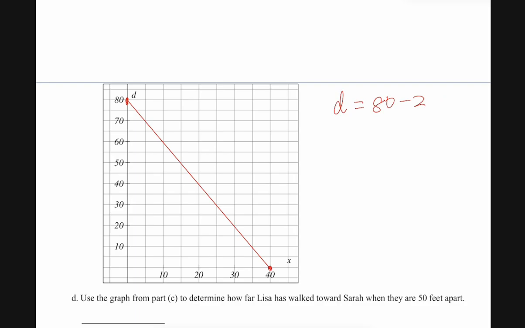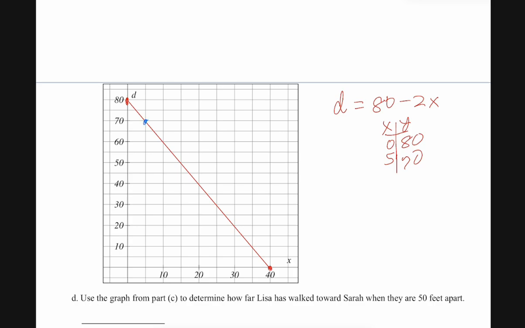No, they did call it x. So our slope is -2. Our y-intercept is 80. You could also think about the fact that at time 0, they're 80. And they want time 5 anyway. So let's see what's happening at 5. If you plug in 5, and I don't know if they said 5 on yours as well, but on mine, 80 minus 10 is 70. So now use that little point feature and go to the point (5, 70). It should hit the line or your line is wrong.